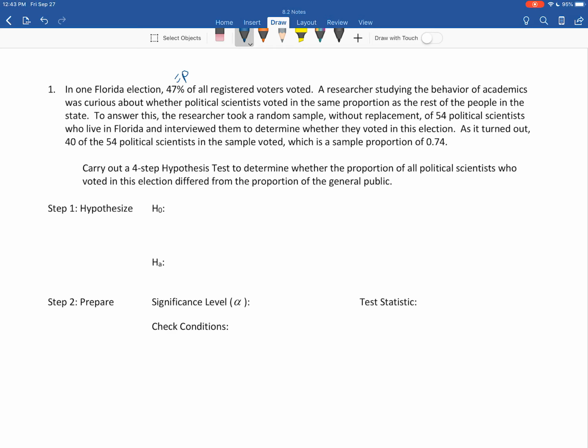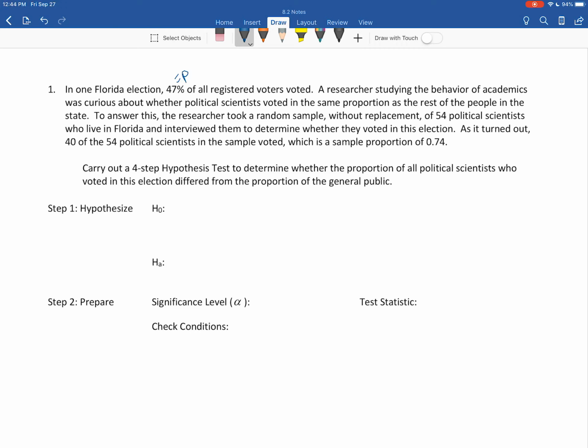A researcher studying the behavior of academics was curious about whether political scientists voted in the same proportion as the rest of the people in the state. To answer this, the researcher took a random sample without replacement of 54 political scientists who live in Florida, and interviewed them to determine whether they voted in this election.